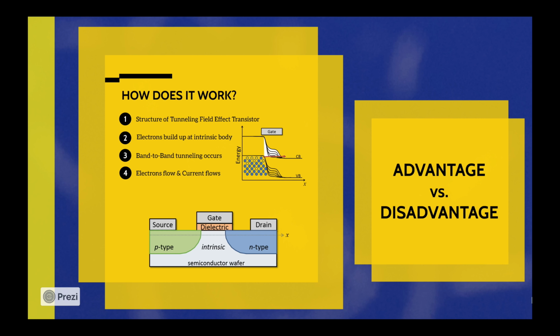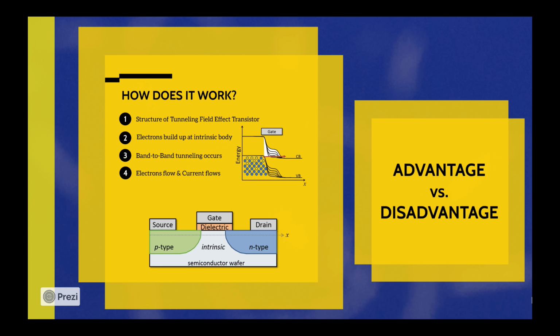However, in TFET, source and drain are reversely doped, so the source of TFET is P-type and the drain terminal is N-type. Also, the body is intrinsic, which means it is lightly doped. So the structure of TFET is a PIN diode, and by applying gate bias, it is able to operate.